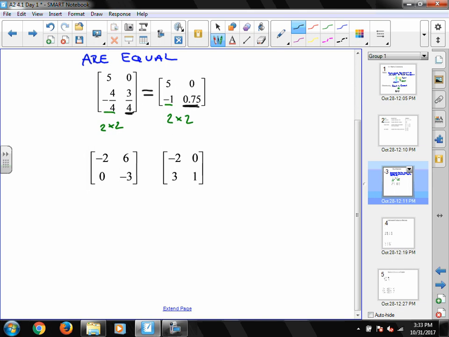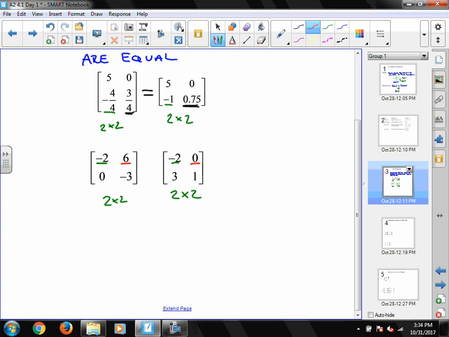If I look at this next set here, I've got, again, a 2 by 2 and a 2 by 2. So dimensions are the same. And if I look at the top left corner, in both of them, I have -2. That's good. Let's go to the top right corner. 6, 0. 0 and 6 are not equal.